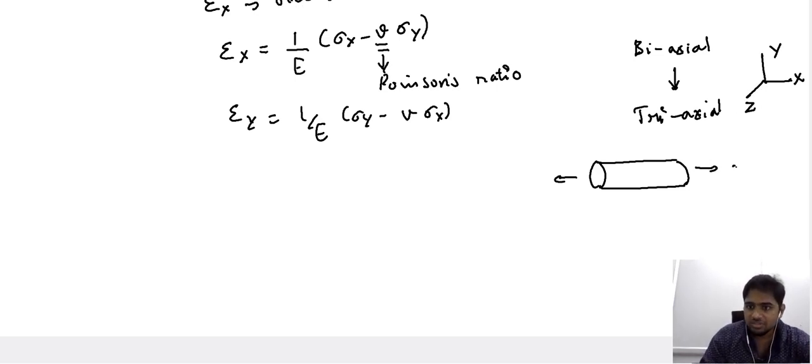The load that we impose along the x-axis is in this direction for our sample, and the stress along the y-axis can be represented as this. And finally, we have the new stress that we impose. It is towards the screen that you are viewing, so it is along the z-axis.